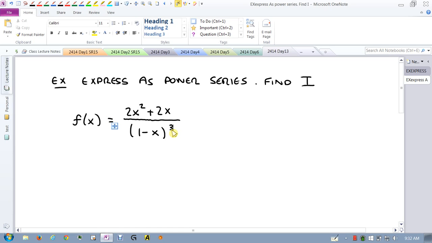So maybe it'll help if we rewrite it as (1 minus x) to the negative 2. Then bring your negative 2 out. We're taking the derivative now, right? Negative 2, (1 minus x) to the negative 3, chain rule, times the derivative of what's inside, which is negative 1.